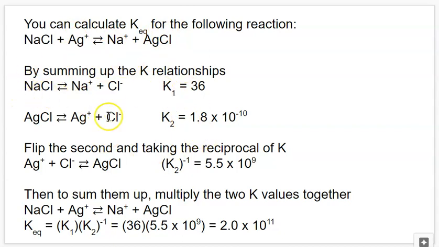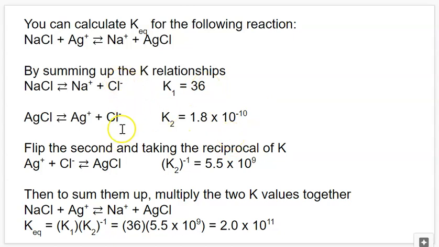Sodium chloride dissolving to make Na plus and Cl minus has a K of 36, and silver chloride splitting up to make silver ions and chloride ions has a K value of 1.8 times 10 to the negative 10. So this one's pretty product favored, but this one is pretty reactant favored.